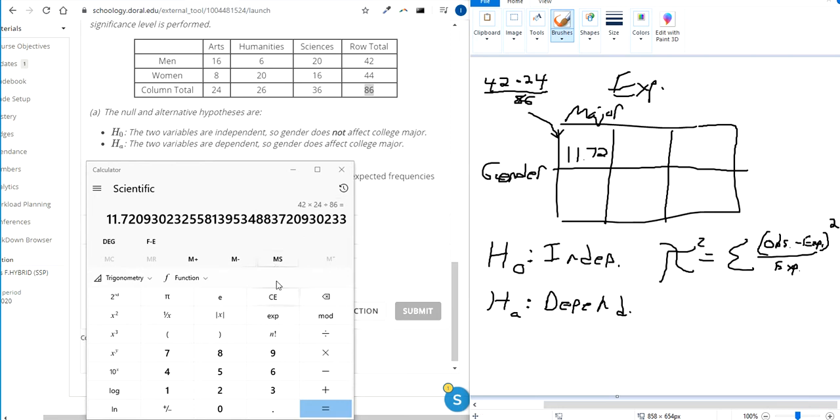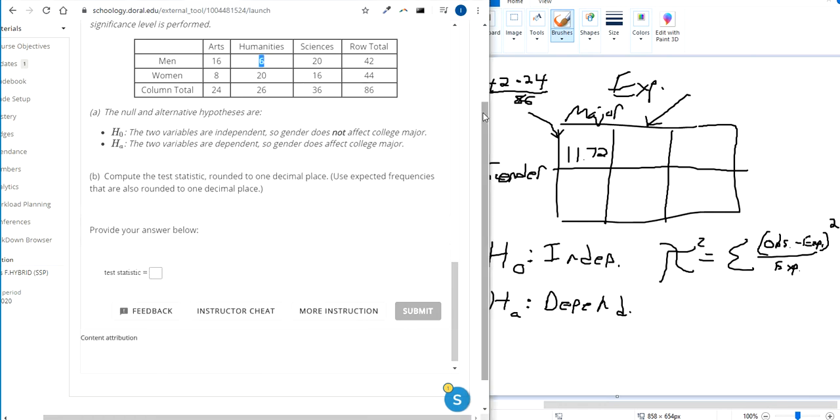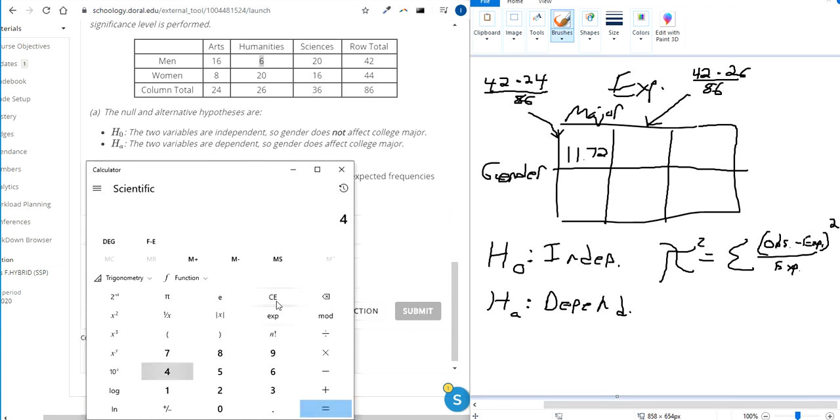Just to make sure we're all on the same page, let me show you the full calculation for men that chose the humanities. The row total is 42. The column total is 26. So you multiply the row and the column total and then divide by the grand total. 42 times 26 divided by 86, 12.7 we'll say.